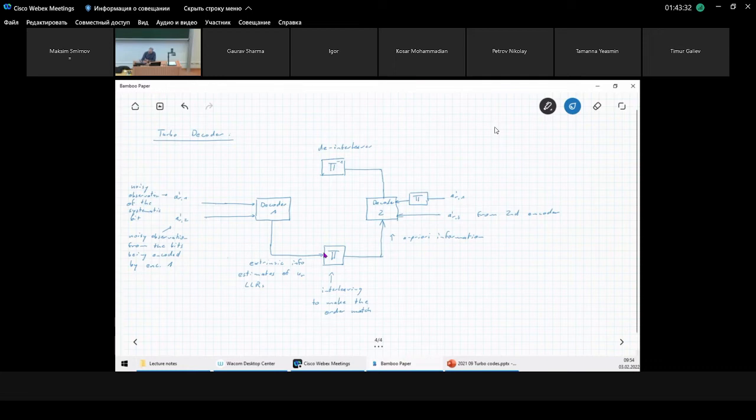And then maybe we know with 80% probability u_k is a 1, feeding this back to decoder 1. Then decoder 1 would start again to decode its bit, but now with some additional a priori information.